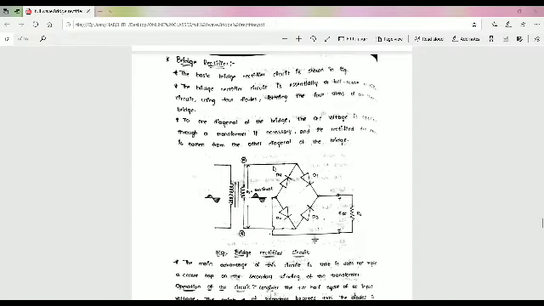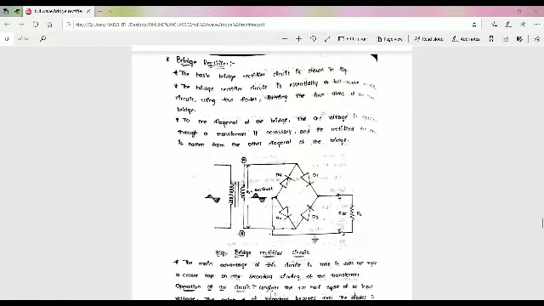The diodes D1 and D2 will be forward biased, while D3 and D4 are reverse biased. The two diodes D1 and D2 conduct in series with the load, and the current flows as shown.